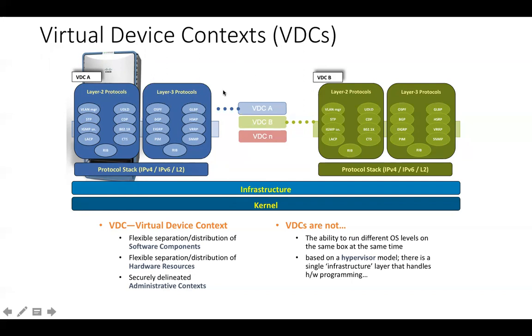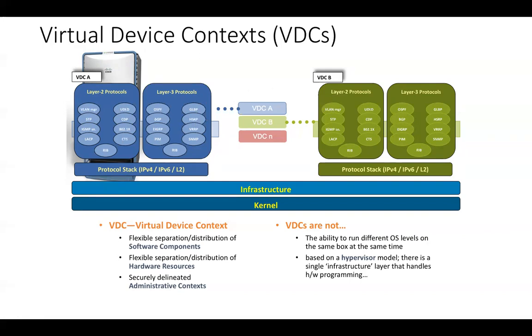Now, let's say we are running VLAN 10 in VDC A. In the same way we have VLAN 10 in VDC B. What I am trying to say is VLAN 10 in VDC A is different from VLAN 10 in VDC B. It means they will have separate processes in each VDC.